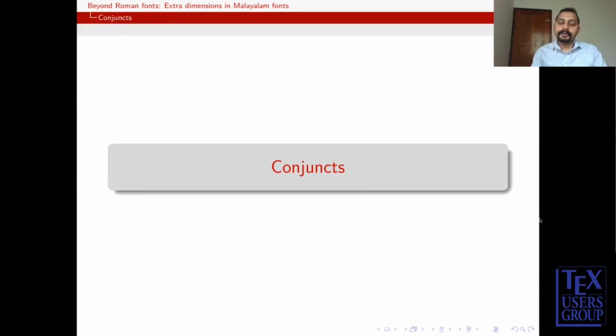We're going to focus on some of the conjuncts that are formed by the combination of consonants and a vowel, and take some examples of it to explain the typical issues that we have faced when designing the font.